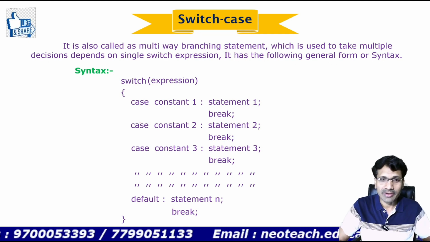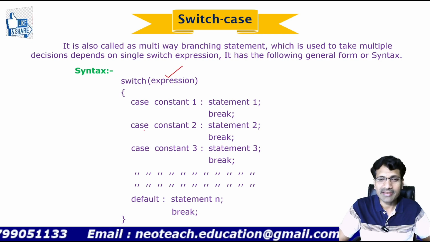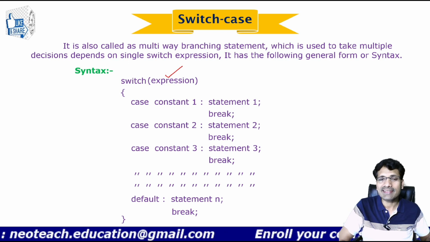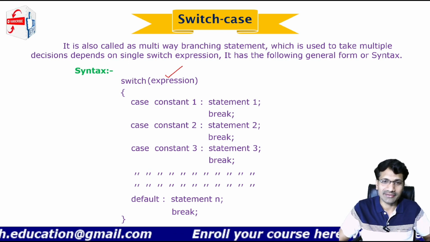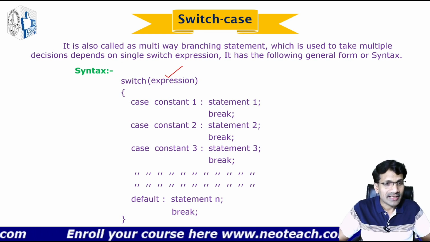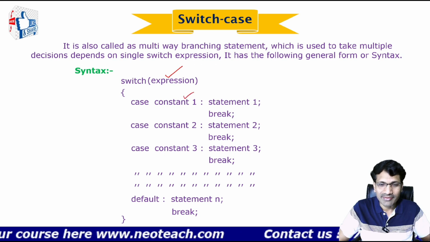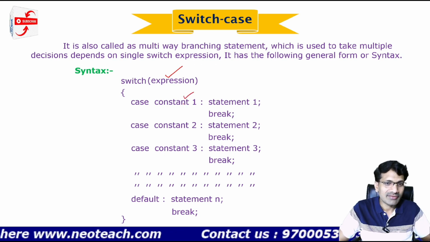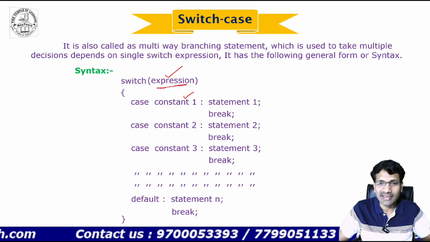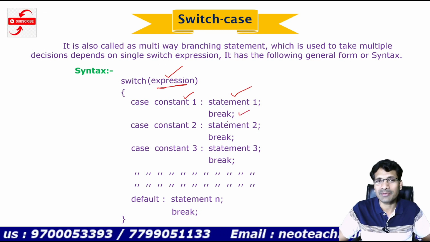Let me explain one more time. First, in the switch case, the expression value is evaluated, and remember one thing: the switch expression value is always an integer value. After evaluation, the value should be an integer, and that value is checked with constant 1. If constant 1 matches this expression value, the corresponding case statement executes and the program breaks.